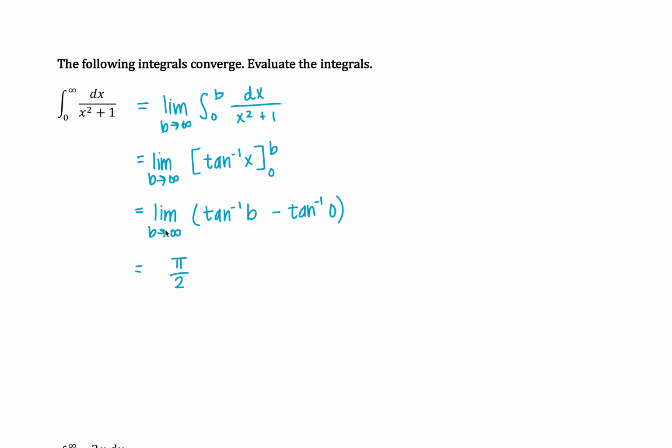So that limit is pi over 2. And then inverse tangent of 0 is just 0. So we have pi over 2 minus 0. So this converges to pi over 2.